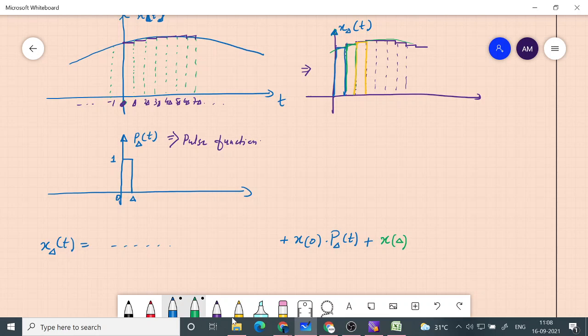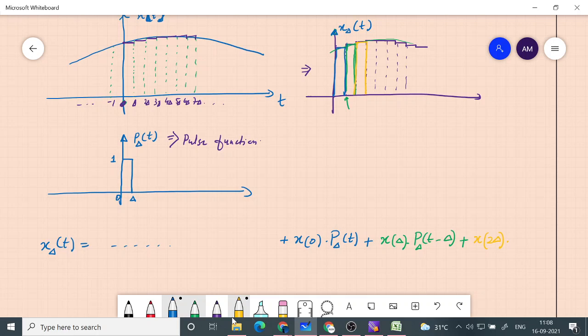x of delta, because that is the beginning of the pulse. Multiplying the x of delta with the p delta of t minus delta. That is the pulse which I have added, the green pulse. Then I am adding the orange one. Orange one will be x of 2 delta.